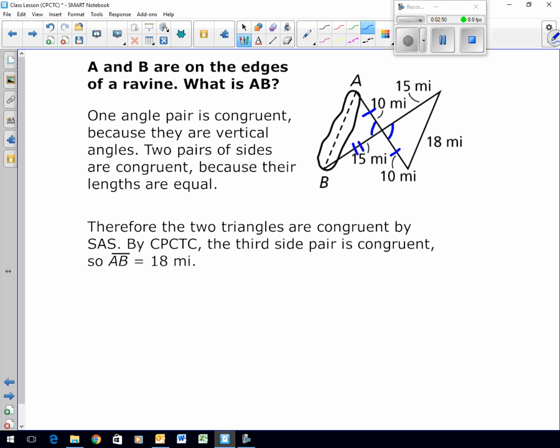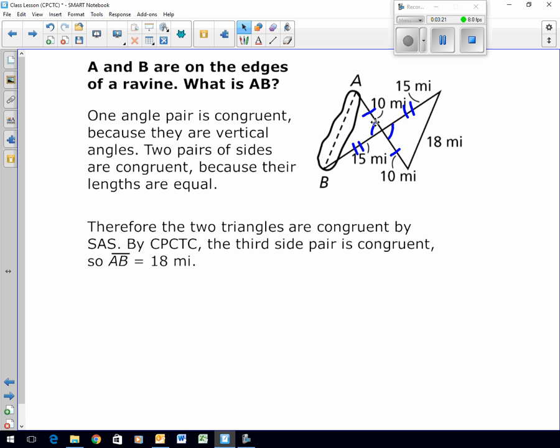Now use your noggins about what we did yesterday. No reflexive property here, so try again. What theorem would I use? Side-angle-side. Once I've used side-angle-side, I can conclude that the 2 triangles are congruent. That's where we stopped yesterday.